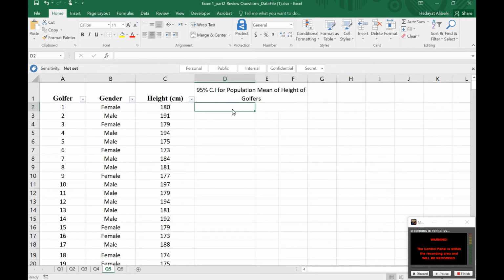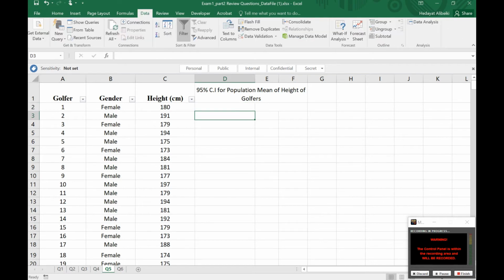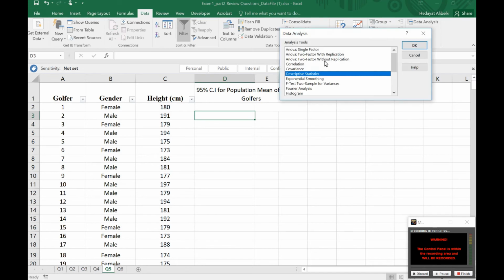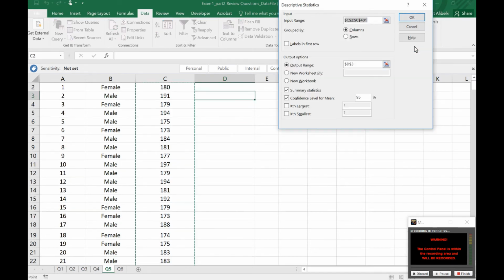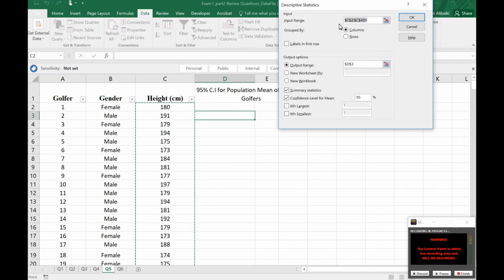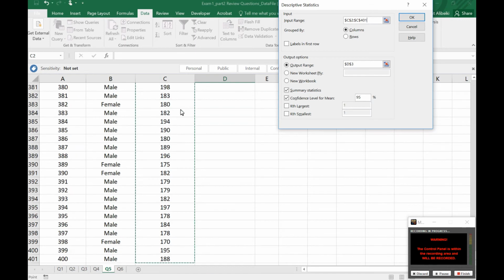Like I said, we use the data analysis toolpak, descriptive statistics, and we just need to make sure that we select C2 to C401, so our height column, and columns is checked. I didn't take C1, so I don't need to check labels in the first row.